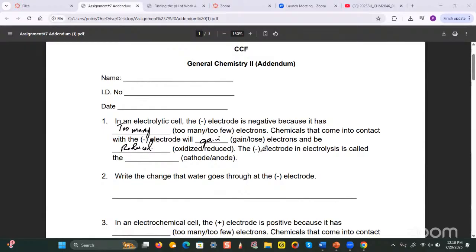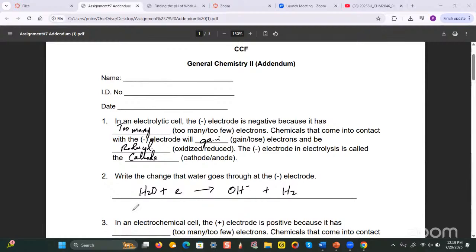And the electrode in electrolysis is called what? Cathode or anode? Cathode. All right. So the next question is, write the change that water goes through at the cathode. We saw that equation earlier. It's water plus electrons to form OH minus and H2.